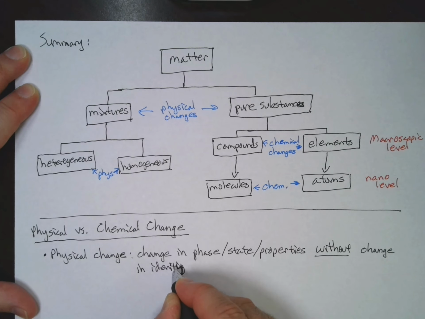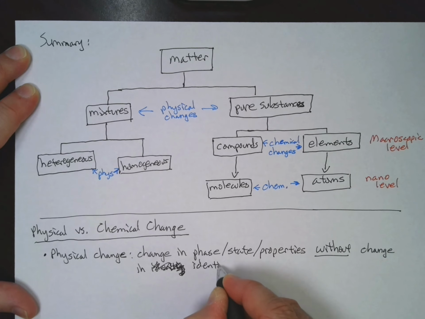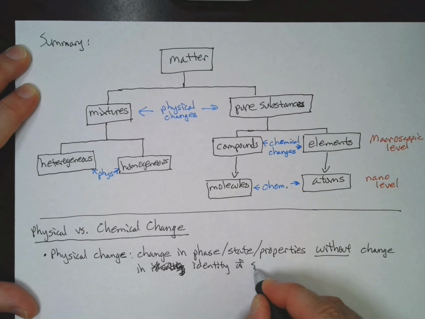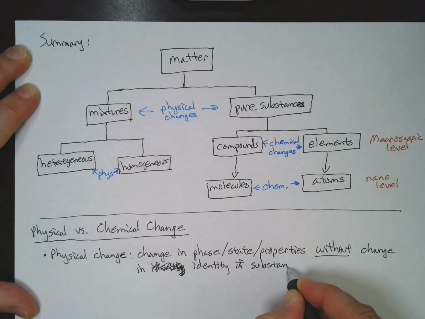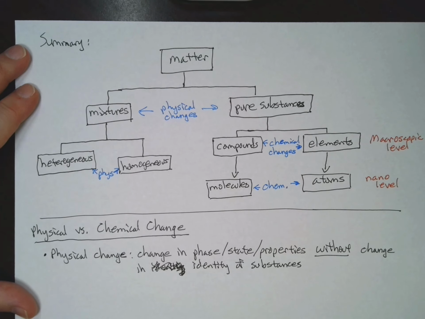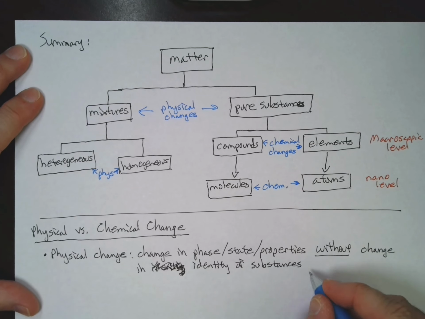Well, I'm having spelling issues today. Sorry about that. So a physical change would be a change in phase or state or properties without a change in the identity of the substances.